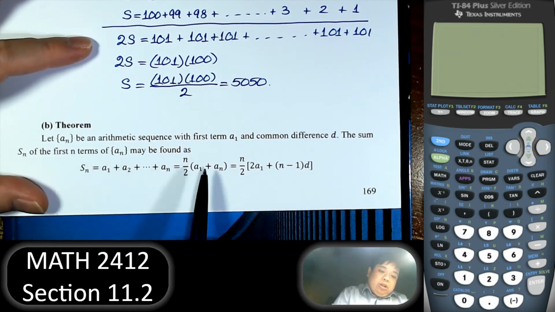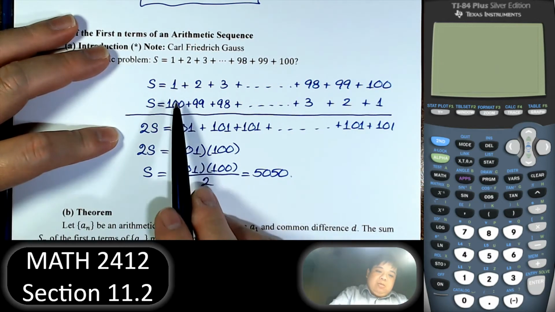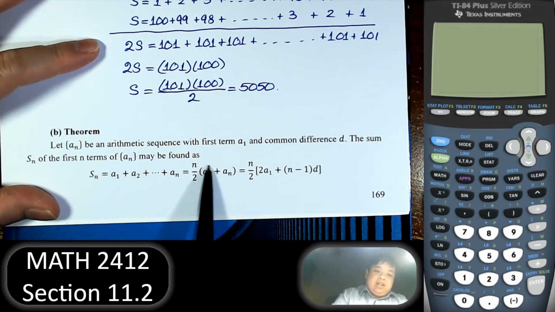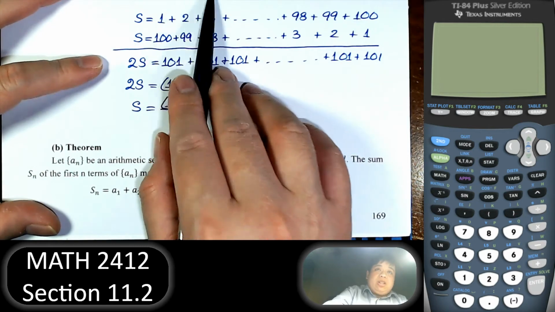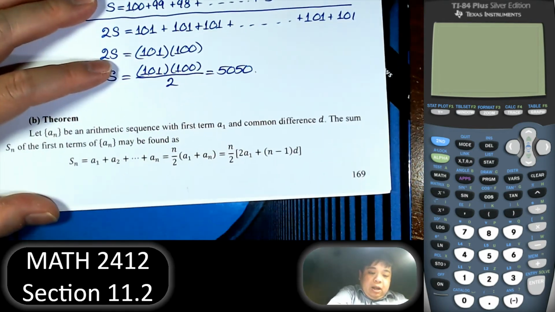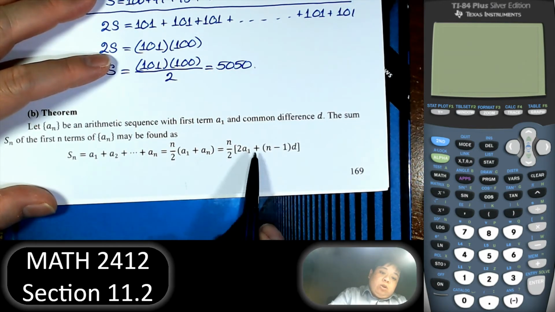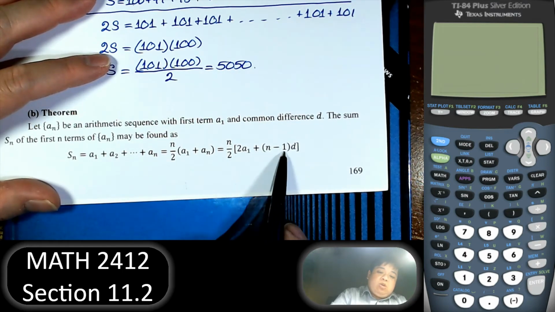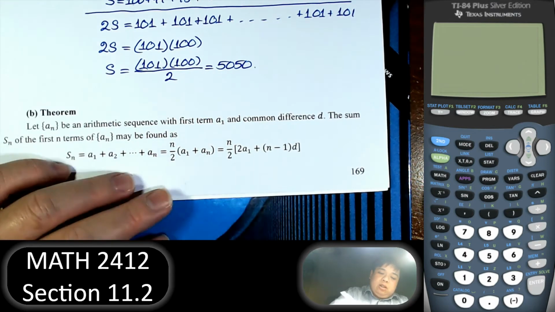So what we do is we take the number of terms, divide by 2, and then multiply by the first plus the last term, the first plus the nth term. That's exactly the formula that he used. Of course, if we write a sub n equal to a1 plus n minus 1 times d, we can just substitute.